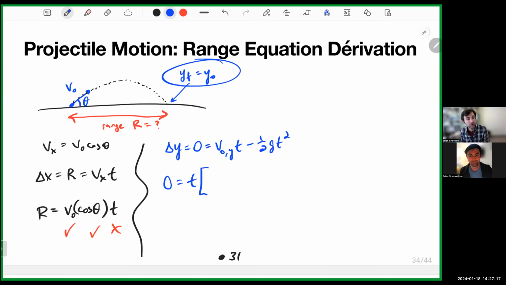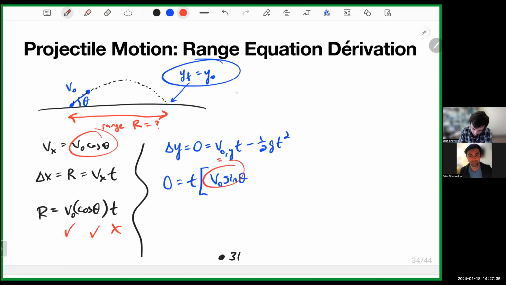So the other one is going to be, we're factoring out a single factor of t. The first term is v naught y. But v naught y is v naught sine theta, similar to this right here. So this is equal to this, and this is equal to this.